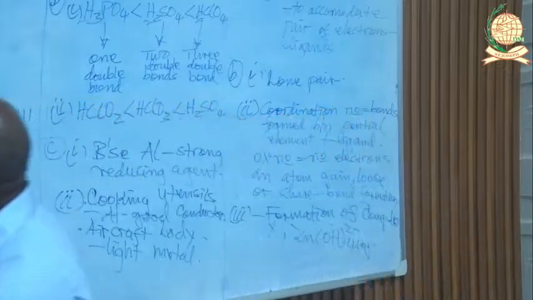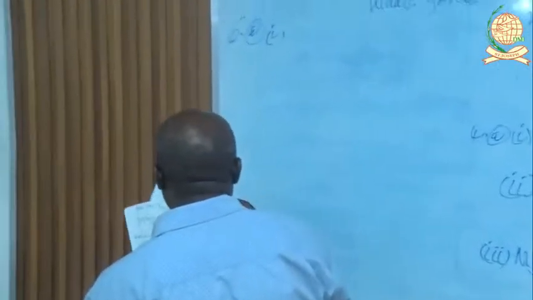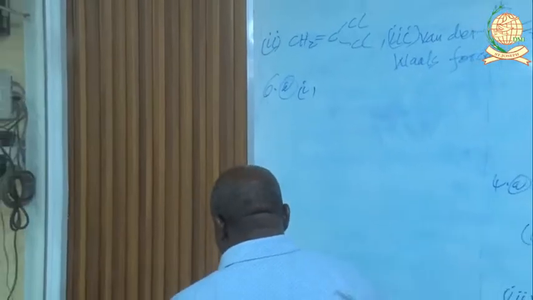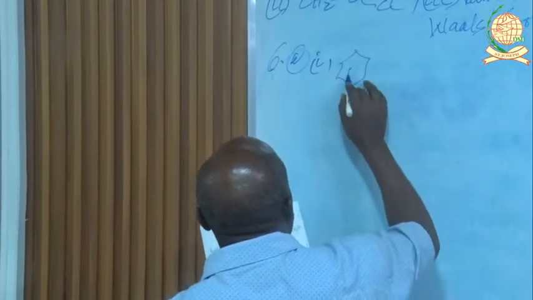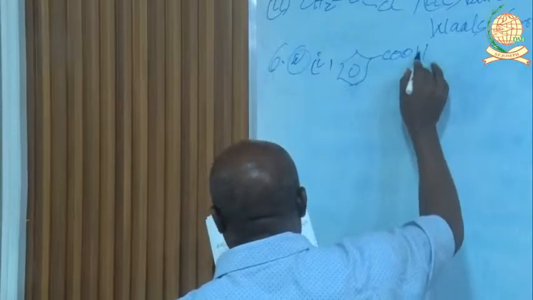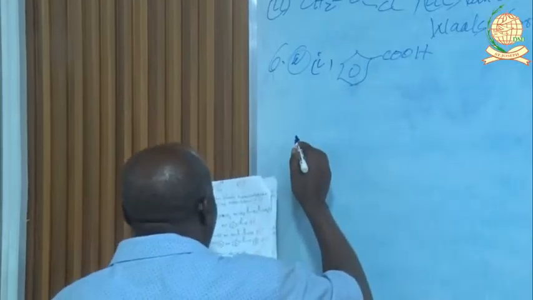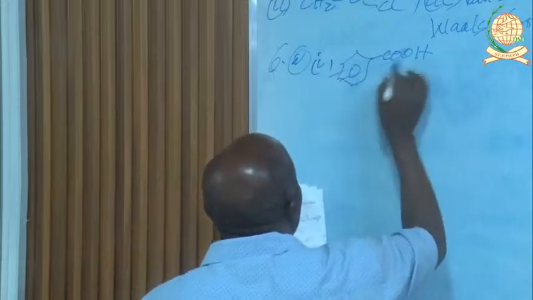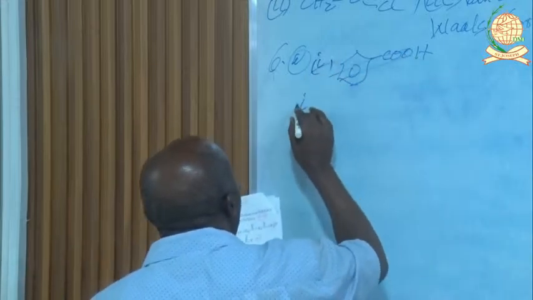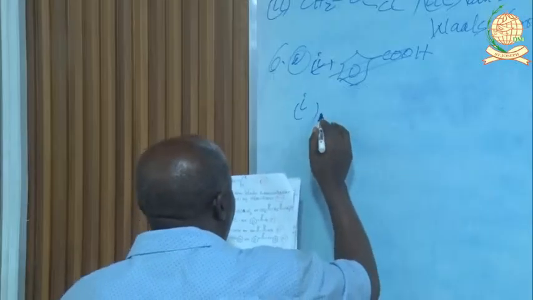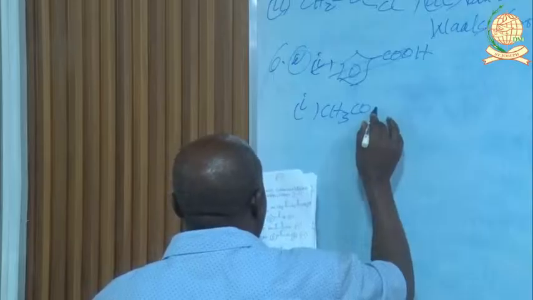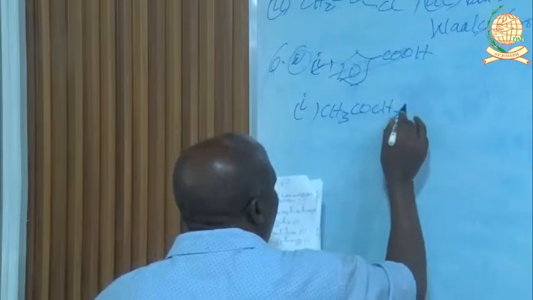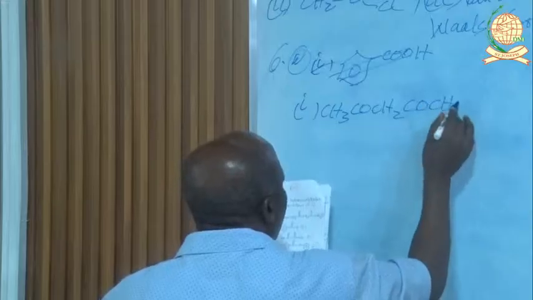Then compound Roman 1 is benzoic acid, COOH. Then CH3CO, then CH2, CO, CH3.